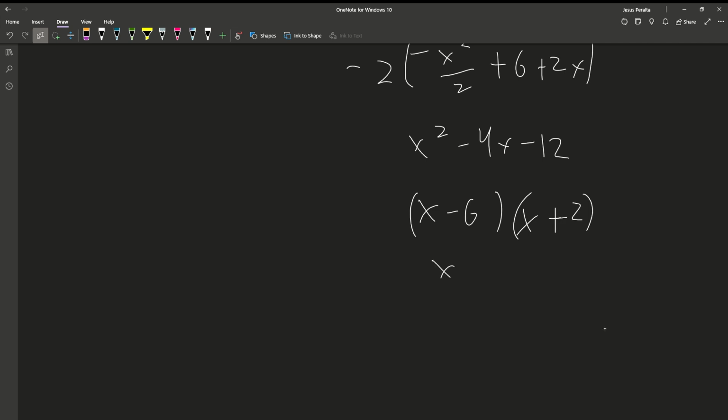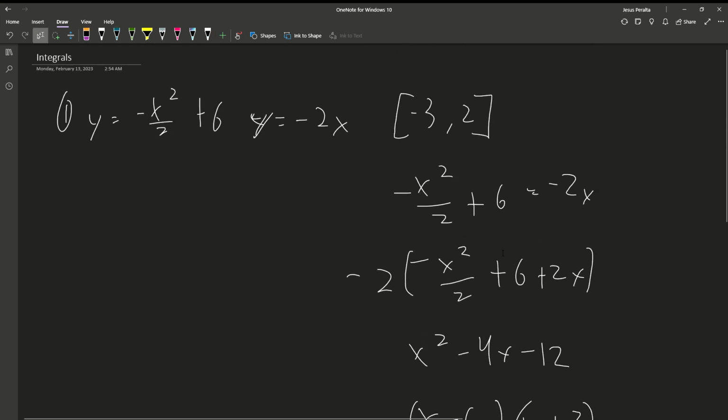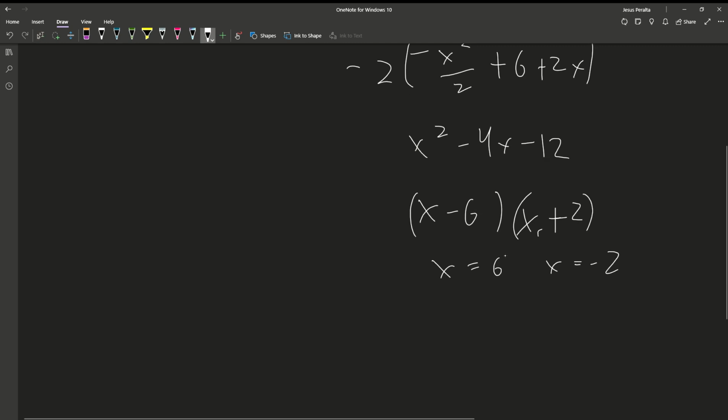So then you would have x equals 6 and x equals negative 2. So since our graphs are bound from negative 3 to 2, only negative 2 fits inside.